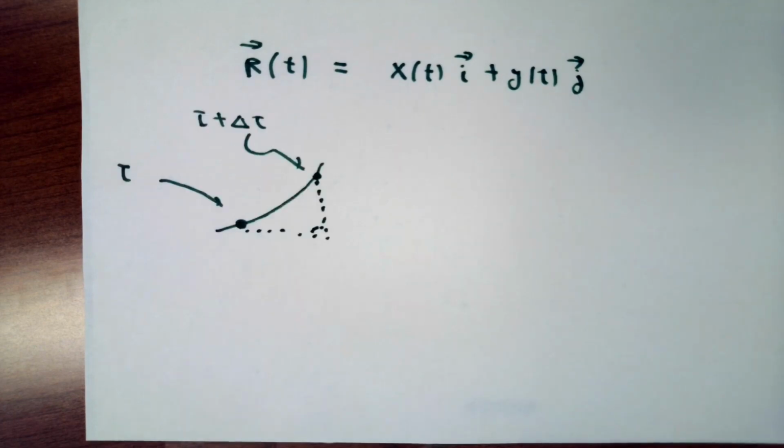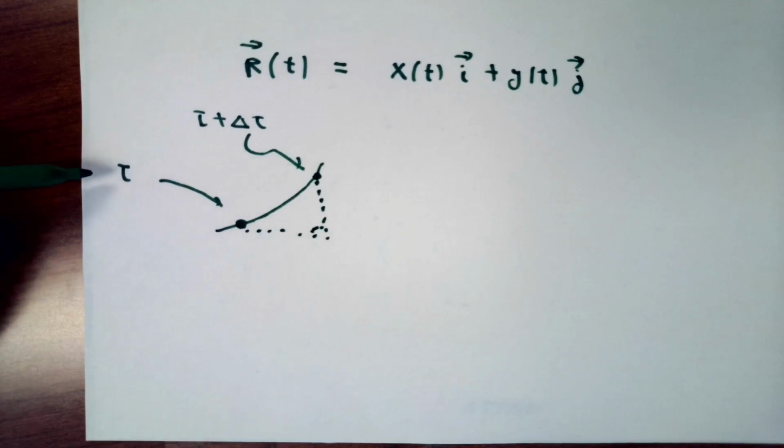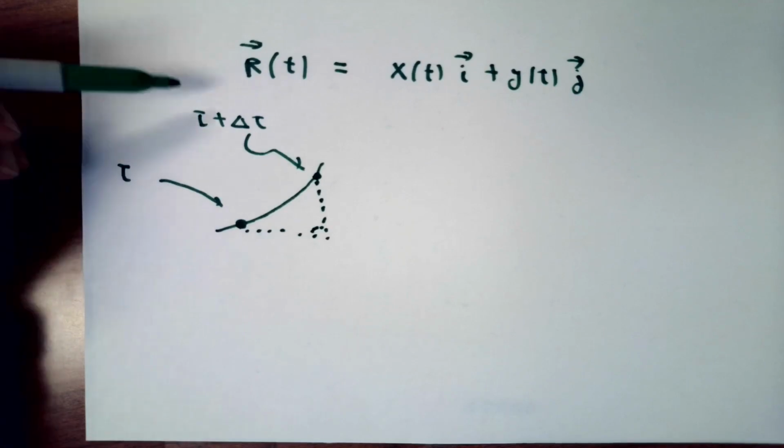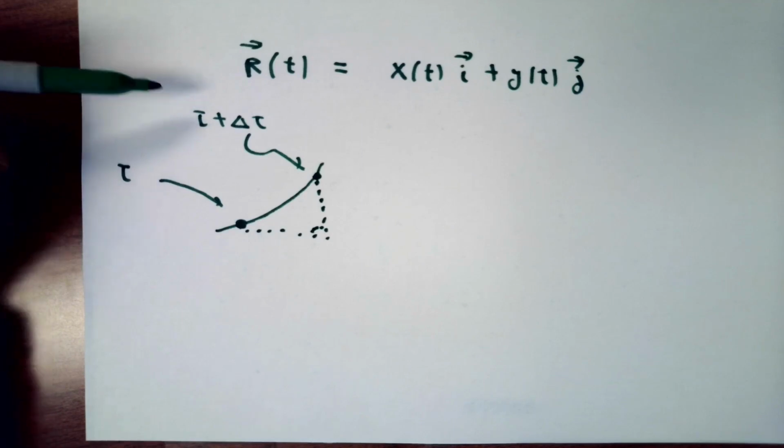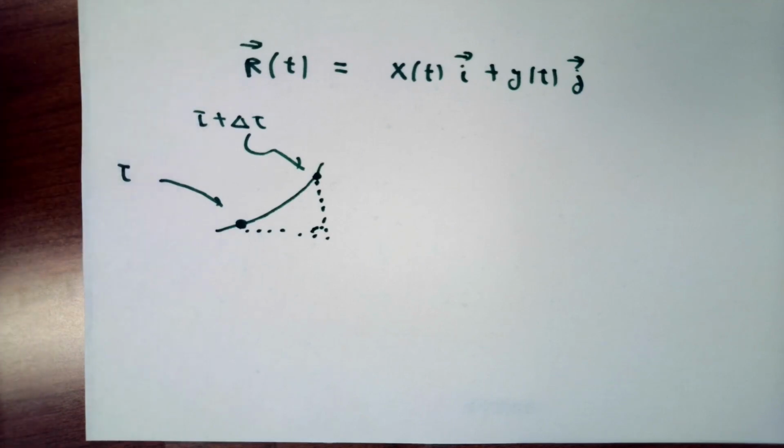I'm going to start at some particular t value, and then increase the t value by an amount delta t. If I look at a very small bit of my vector-valued function, the path looks more or less like a straight line. And the smaller that I make these pieces, the better that will be, assuming the function is smooth.